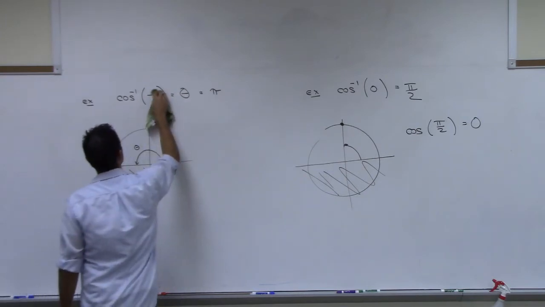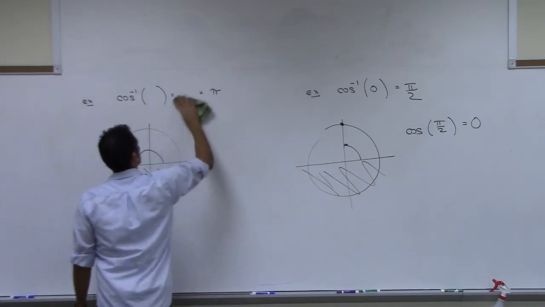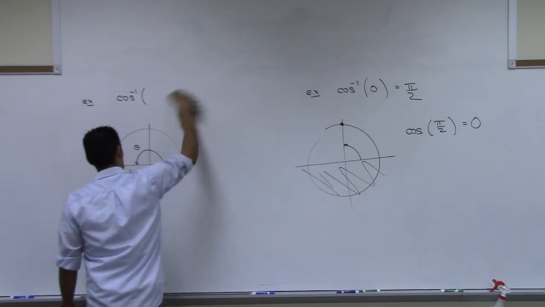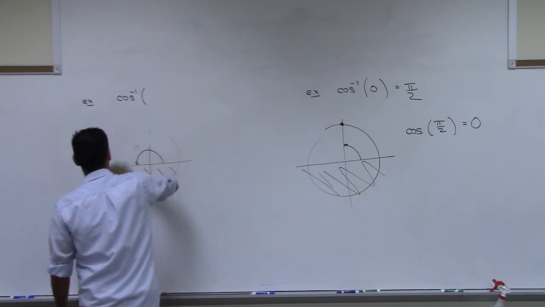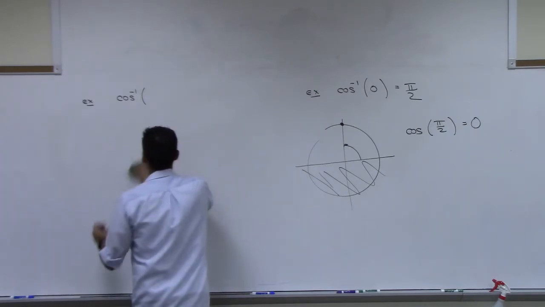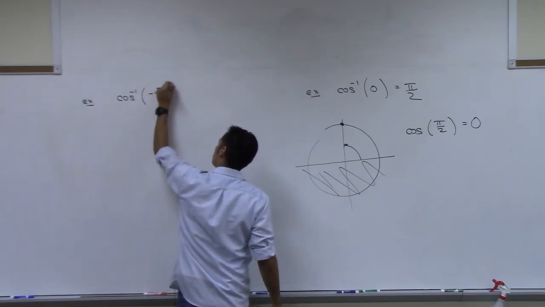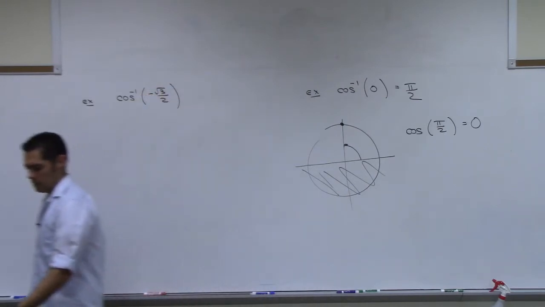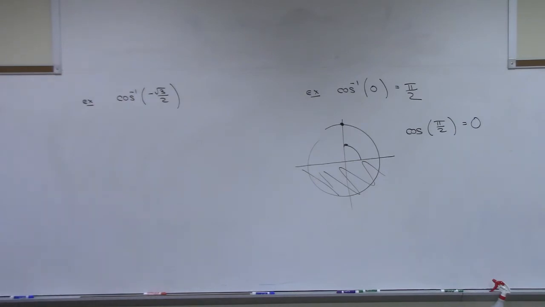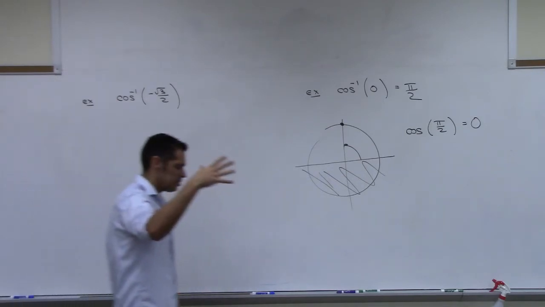How about this? How about arc cosine of negative root 3 over 2? So I'm looking at just the top half of the unit circle.